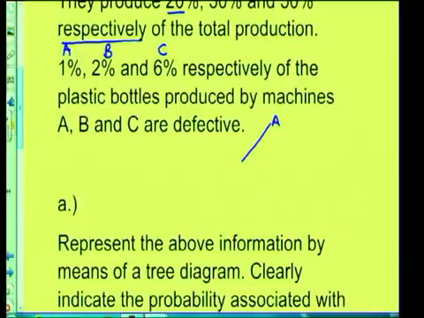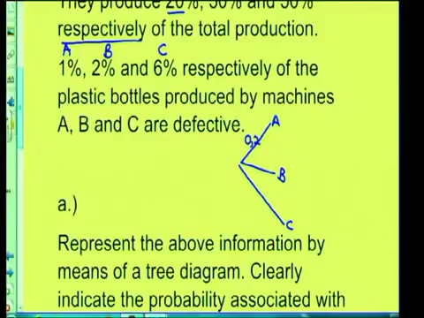Now, I personally love a tree diagram. So for me, the first thing I would do is start to unpack the thinking. They told me there are 3 kinds of bottles. So let's put the drawing over here, I think. So I know I can have bottle A, I can have bottle B, or I can have bottle C. The chances of getting bottle A is 20%, or if you like, 0,2.